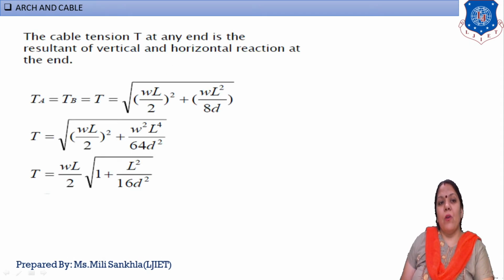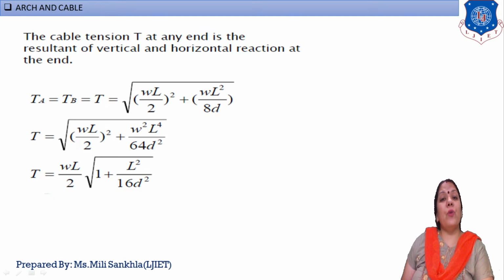The cable tension T at the end is the resultant of the vertical and horizontal force. If asked in an example to find T maximum and T minimum, T maximum is the square root of H square plus VA square. For T maximum, we find the tensile forces TA and TB.